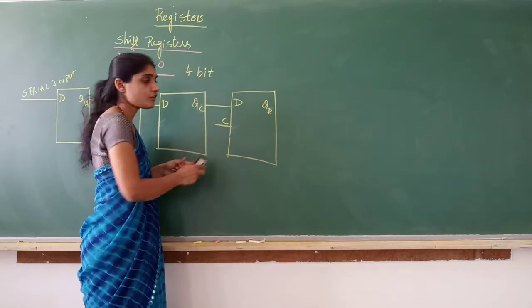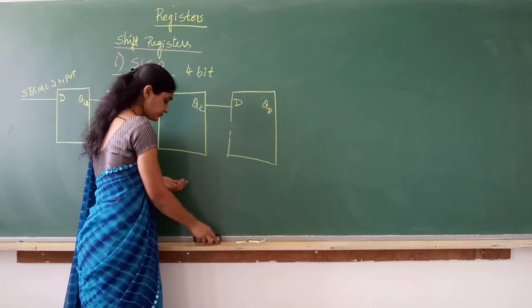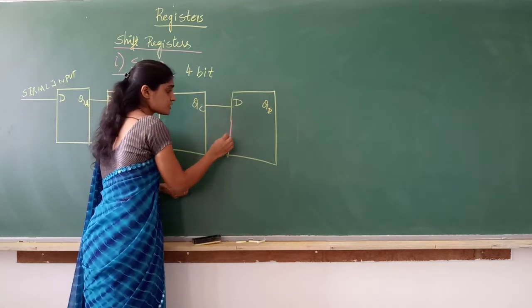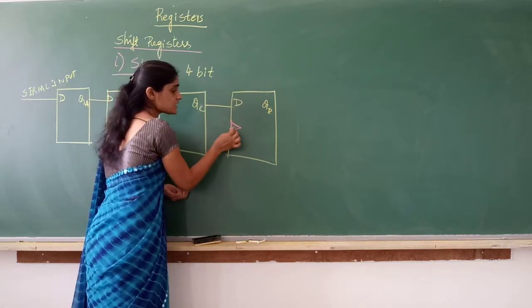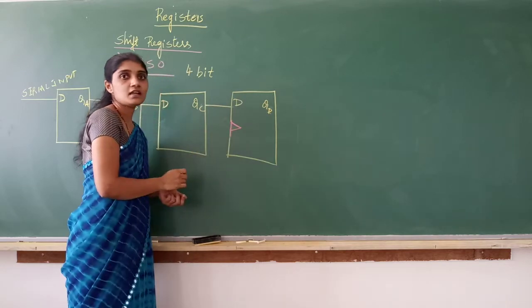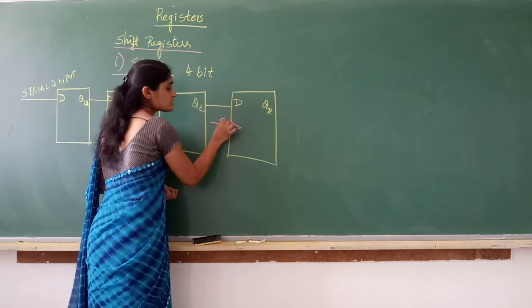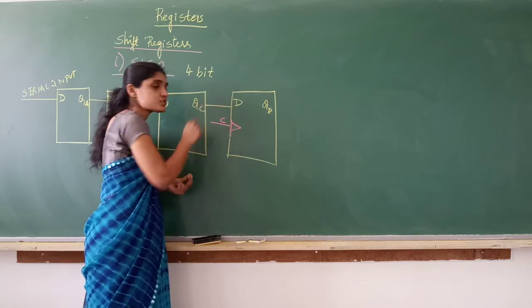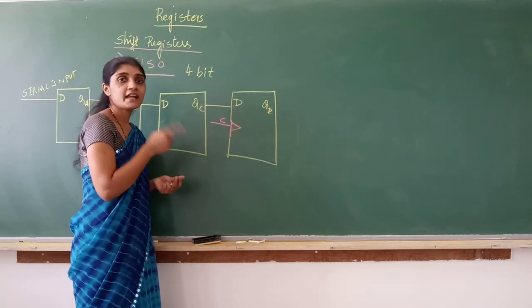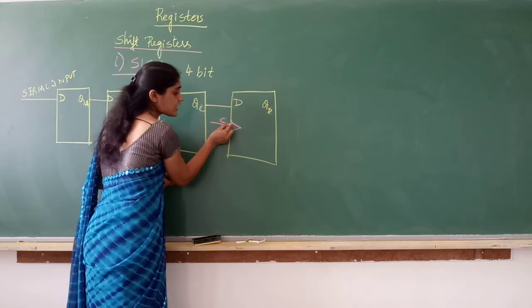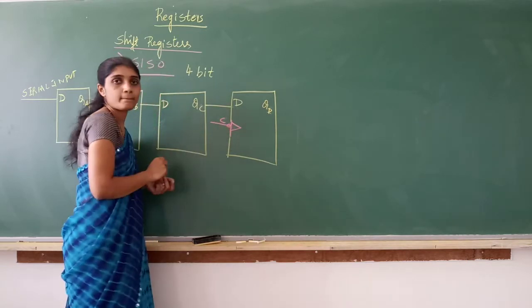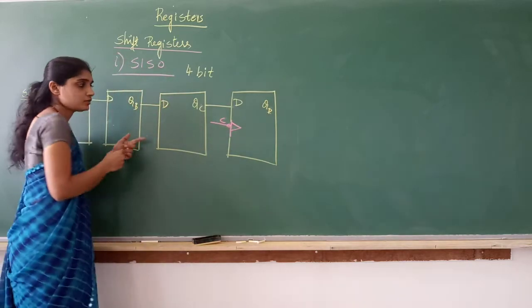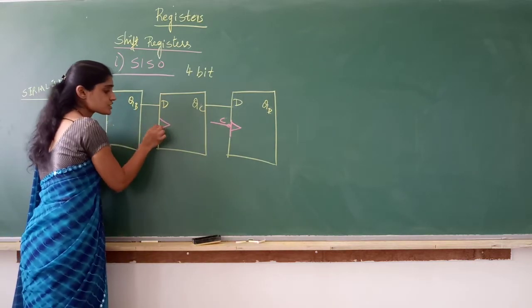The positive edge triggered flip-flop logic symbol will be written like this. You write a triangular symbol at the clock input, which tells that the flip-flop is edge triggered and positive edge triggered. For negative edge triggered flip-flops, you write a bubble over here. Are you getting it? This is positive edge triggered.